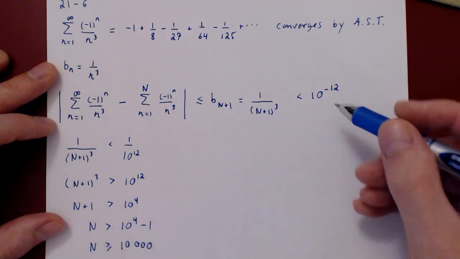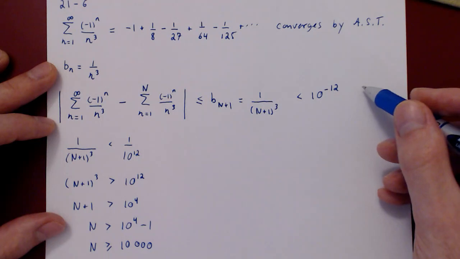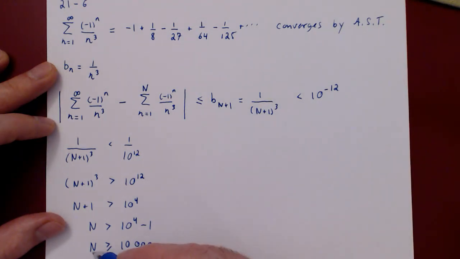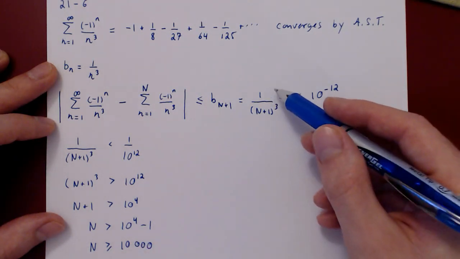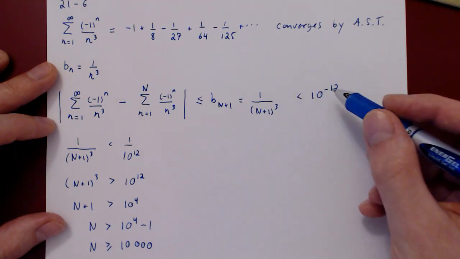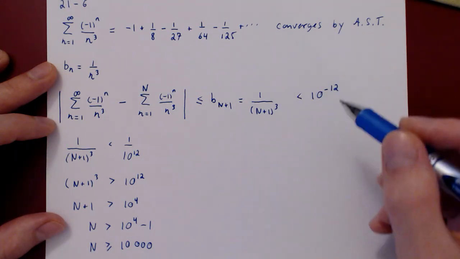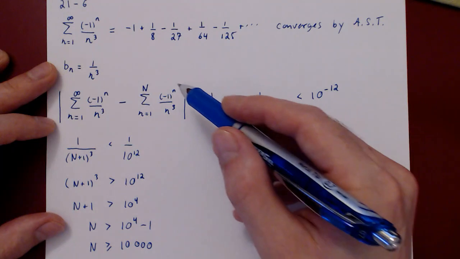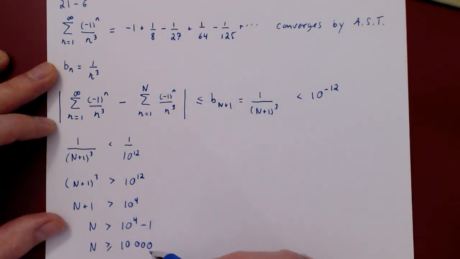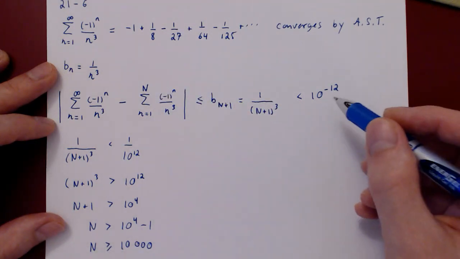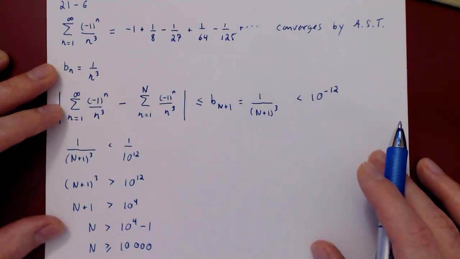And again, we could have changed the 12 here for 100 and have a different lower bound for n. And as the error can be made arbitrarily small, no matter the accuracy level that you desire, you can always choose n to be sufficiently large to meet the desired accuracy of your approximation.